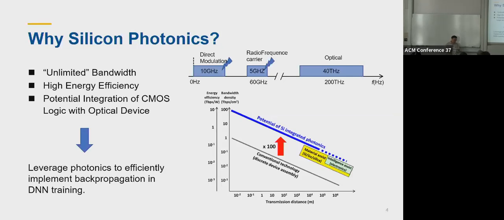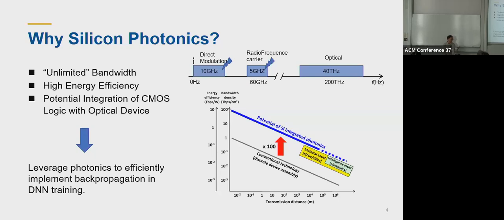And light actually has much larger bandwidth than this 100 gigahertz. In electrical signals, we have 10 gigahertz of bandwidth for modulation and 5 gigahertz for the radio frequency carrier. But in the optical domain, we have 40 terahertz of bandwidth.